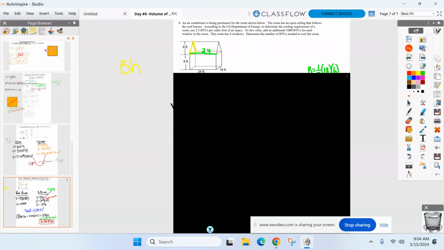You need a little extra BTUs at the end for your windows. You got this, guys. Come on, dig deep. I got faith in you. Is that how you do a triangle?